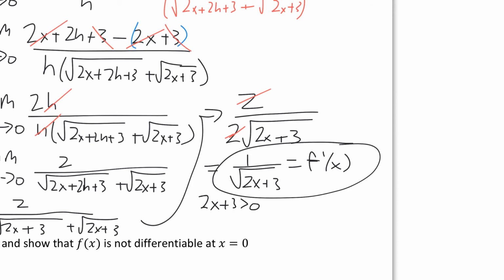Then we would have, of course, a 0 in the bottom, and you don't want it to be negative, or you'd try to square root a negative, which is also bad. So 2x must be greater than negative 3, or x must be greater than negative 3 over 2. So the interval, written in interval notation, would be negative 3 over 2 to infinity.